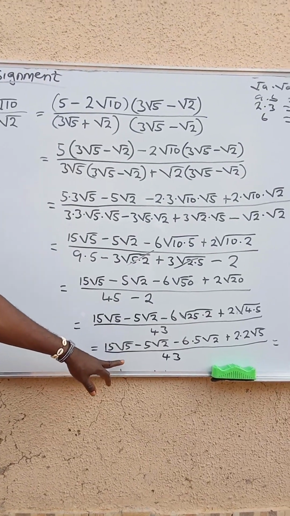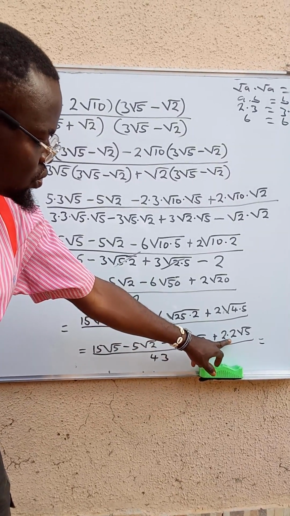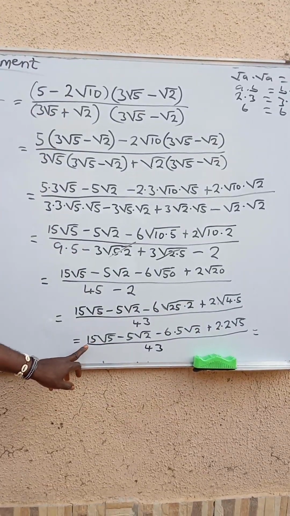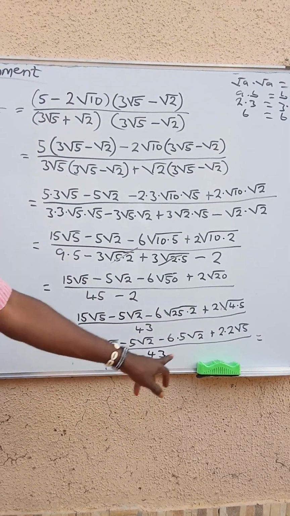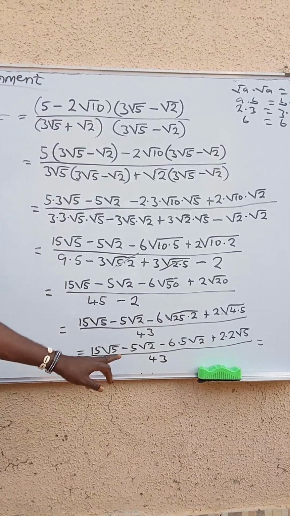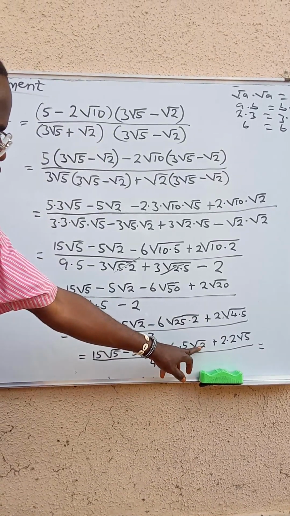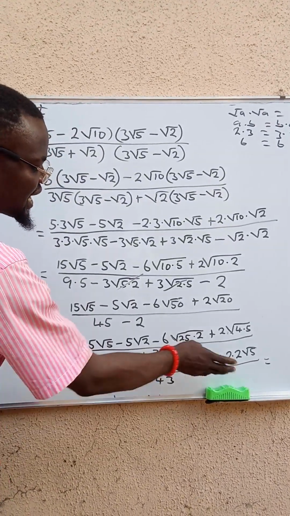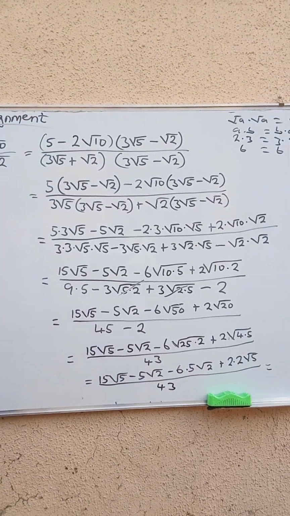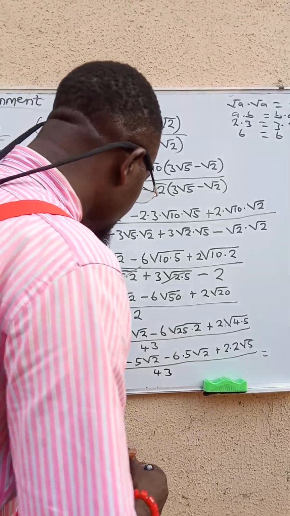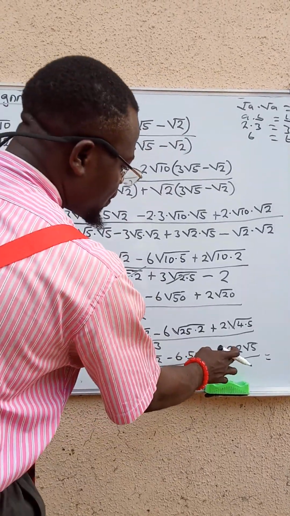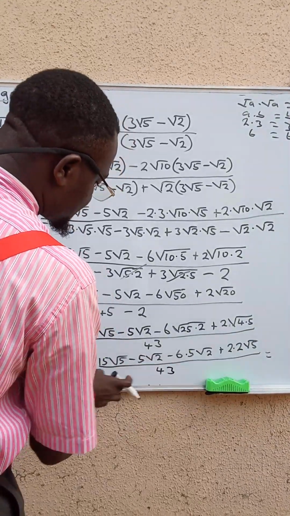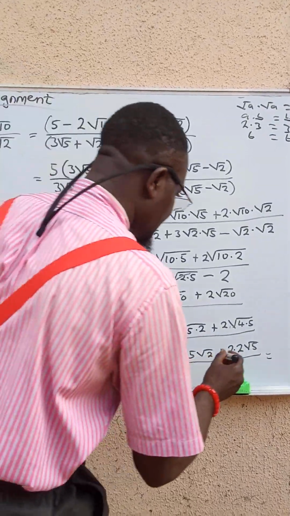Now 15 root 5, I have 2 times 2 is 4, plus 4 root 5 will give me 19 root 5. Good. I have minus 5 root 2, and there is root 2 here. So you can subtract when they have the same root, and you can add when they have the same root. That is the law. So 15 root 5 plus 4, 2 times 2 is 4. 4 plus 15 is what? 19.